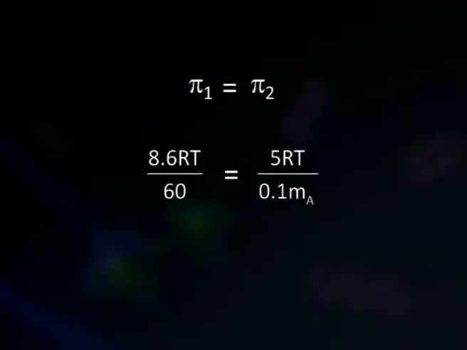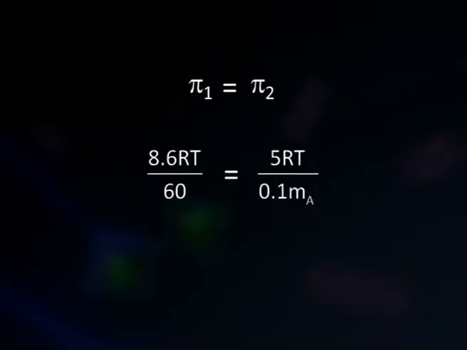The weight of urea is taken as 8.6 grams per liter. The molecular mass of urea is 60. Hence, the osmotic pressure of urea will be equal to 8.6 RT upon 60. In case of the unknown compound, it is a 5% solution, which means 5 grams of solute is dissolved in 100 ml of solution, that is 0.1 liters of the solution.